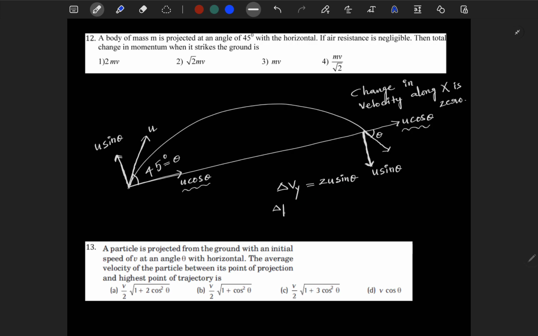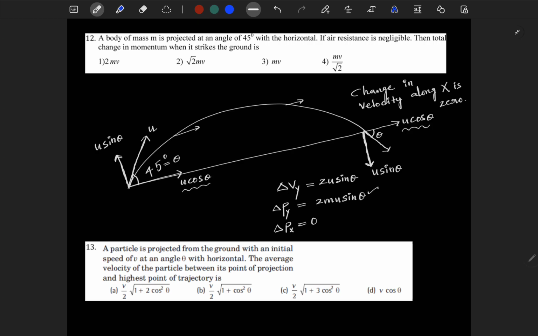But you want the change in momentum, I can multiply with mass simply. So 2mu sin theta is net change in momentum, because there is no change in momentum along x-axis for the entire journey, because at any point the horizontal velocity is u cos theta, so it will not change, so there is no acceleration.